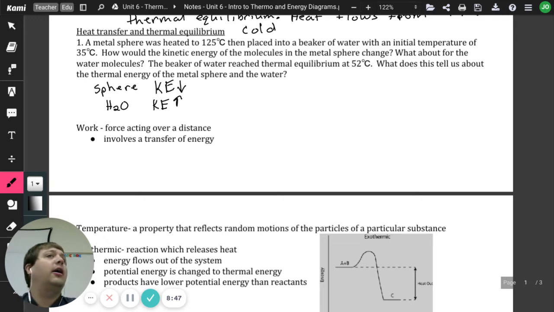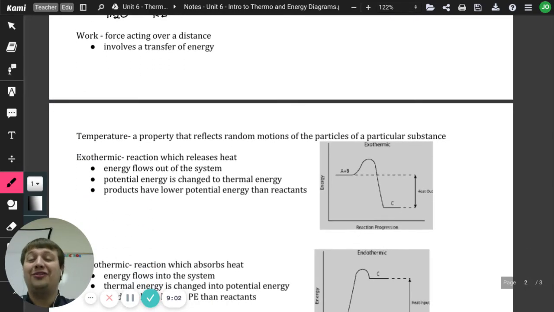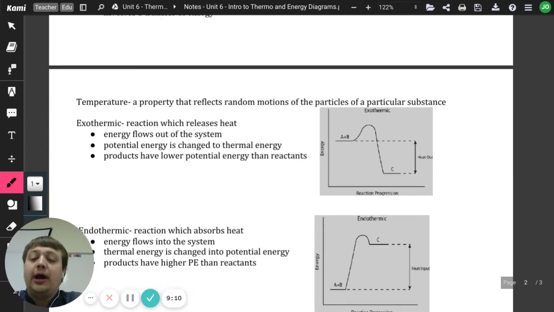Even if it's a shelf in a room, it takes energy to move that shelf from one place to another. So it does involve that transfer of energy, okay? And that's really the main stuff to know. I'll show you a little bit of the math, but it's not really much of anything to worry about for you. Okay, so let's move on.